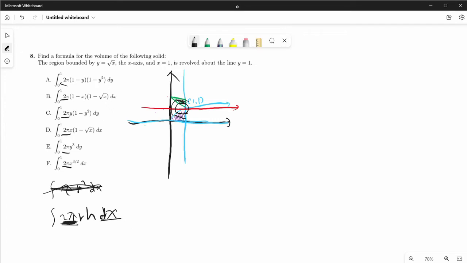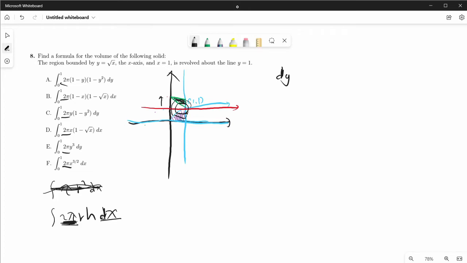So we can get a sense that your integration would be in the y-axis, because the radius of your cylindrical shells gets bigger with y. The radius here might be like 0.5 and then 0.6, 0.7, etc. So our general direction would be dy.